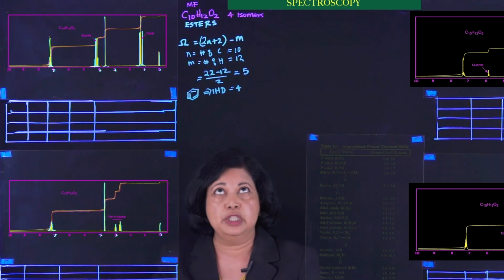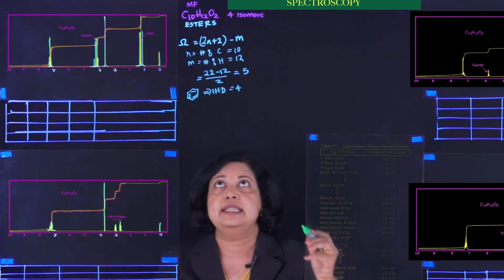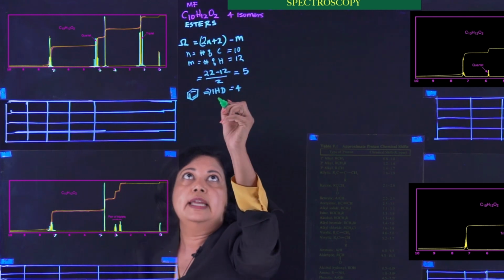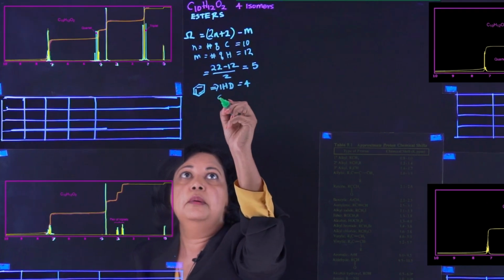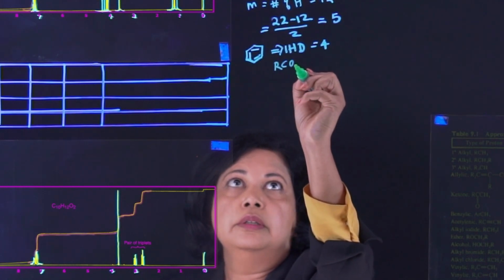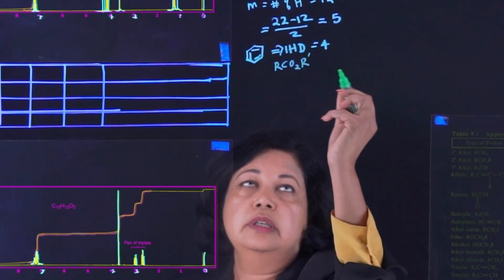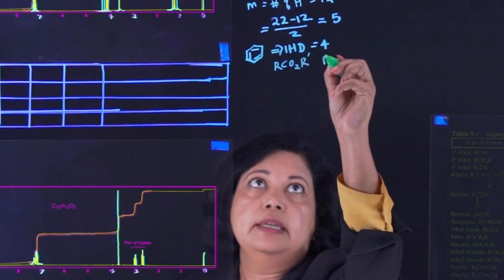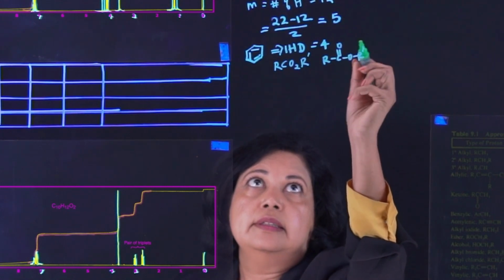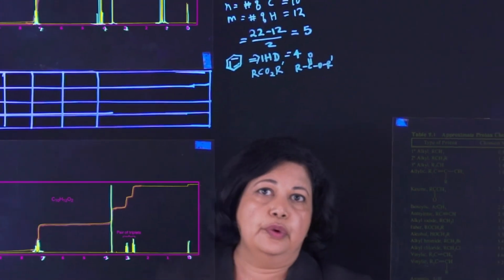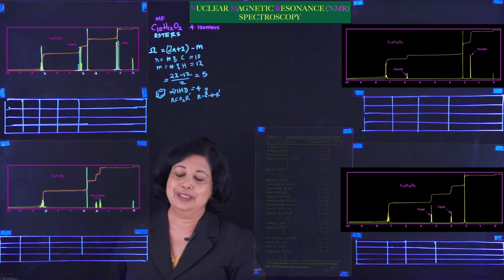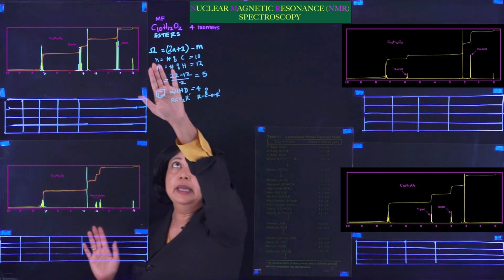Since they're telling us this is an ester, esters would have a C double bond O, so RCO2R is an ester, and this is going to be written out as a carbonyl. So that accounts for the other unsaturation. All right, so we've figured out where all our omegas went.